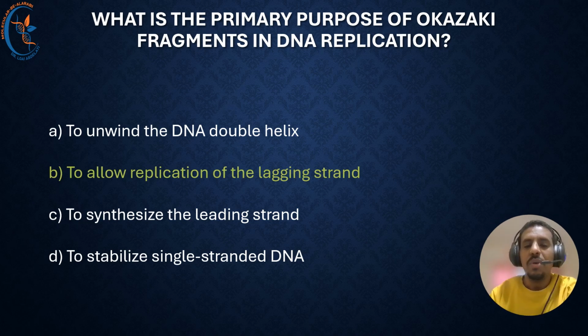As we know, Okazaki fragments are short DNA fragments synthesized on the lagging strand, all right? Because DNA polymerase can only synthesize in the 5' to 3' direction. Okay? So the correct answer is to allow replication of the lagging strand. All right, let's move on.